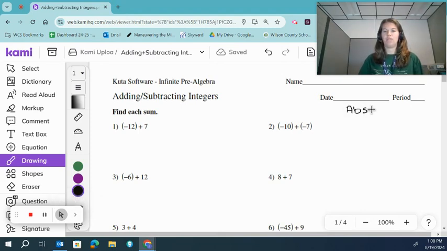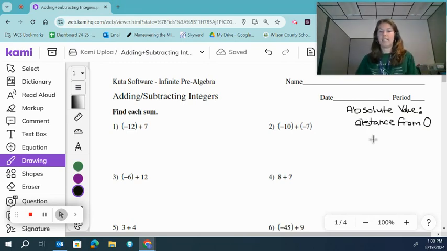Absolute value is distance from zero, how far a number is from zero. So the number 3 is 3 away from 0. The number -3 is also 3 away from 0. The number 13 is 13 away from 0.